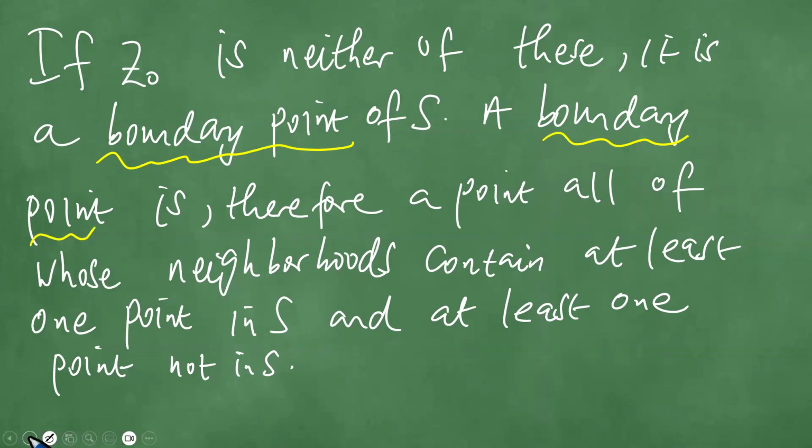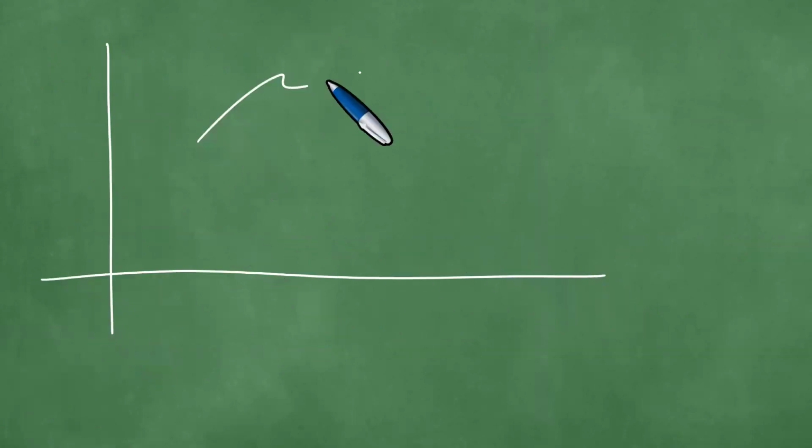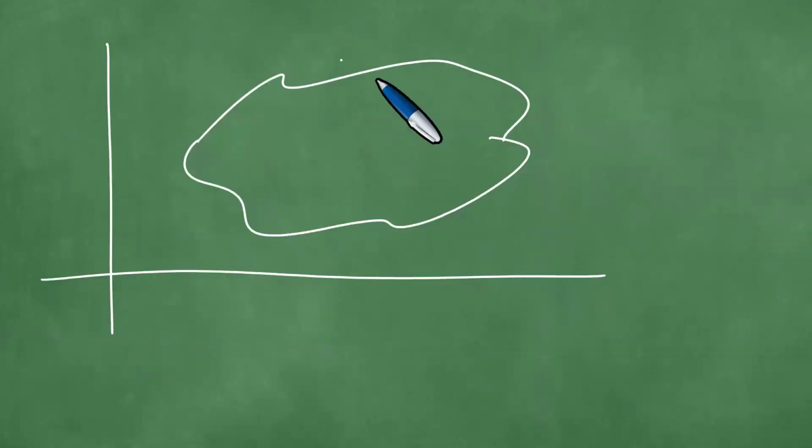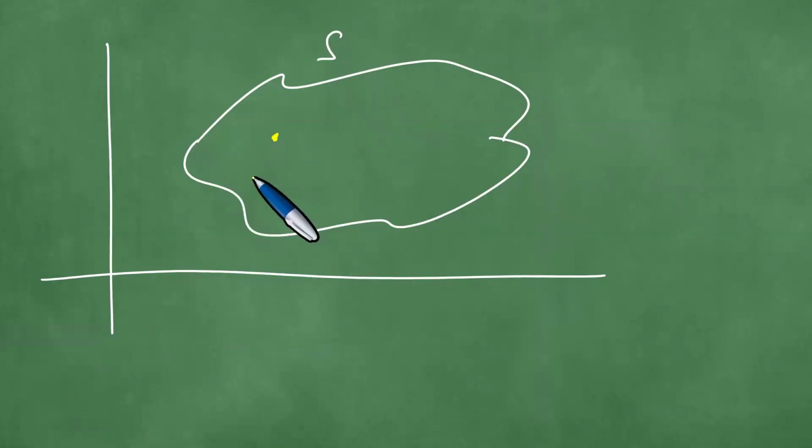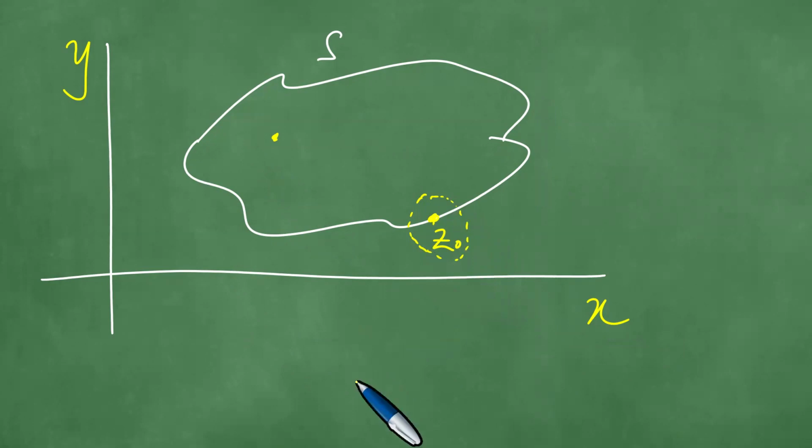So in other words, if you have a point Z0, all of whose neighborhoods, well, it's on the boundary, because if you take any neighborhood, the neighborhood is going to have some points that are here and also some points that are here.